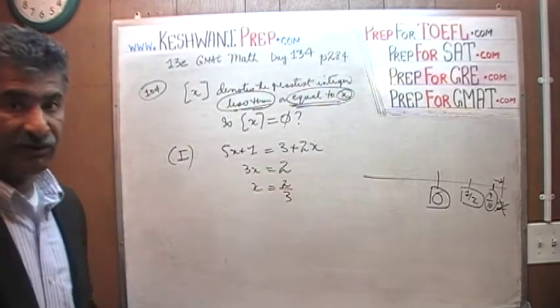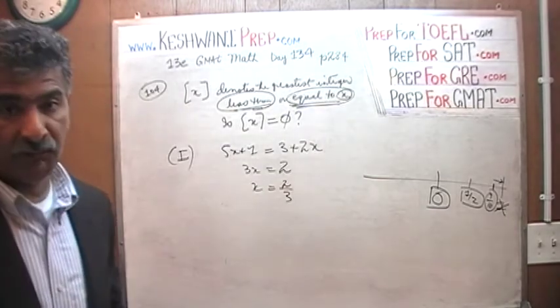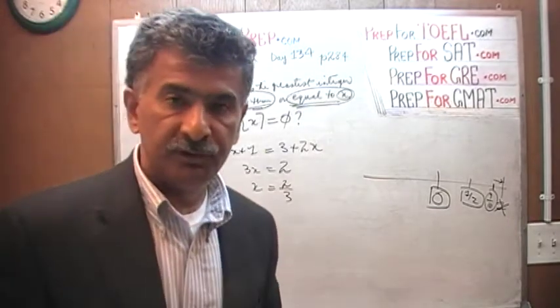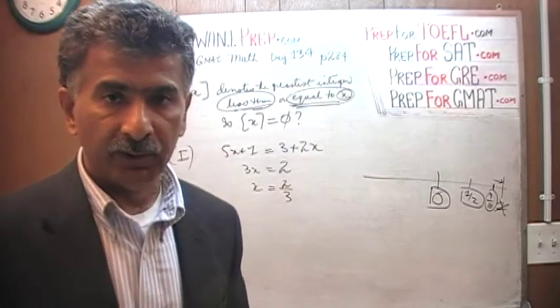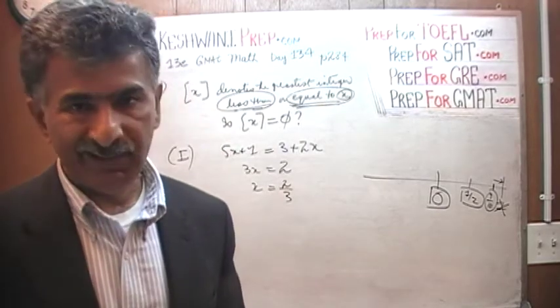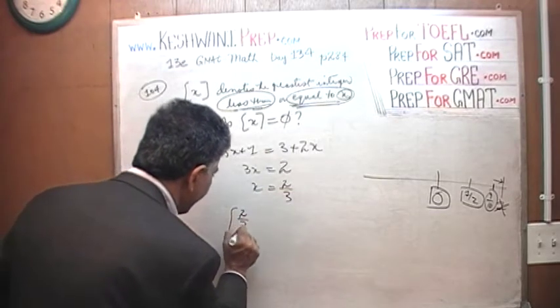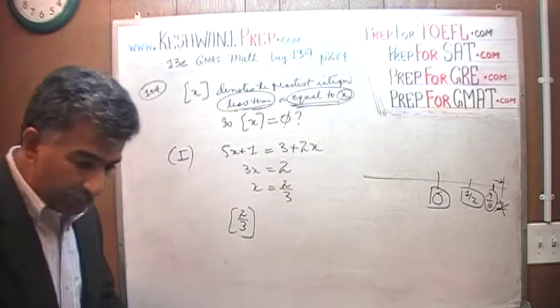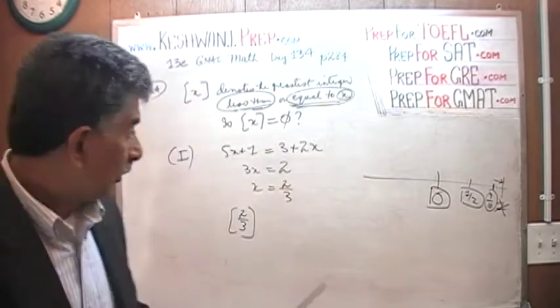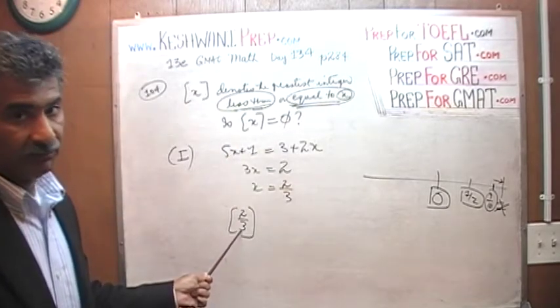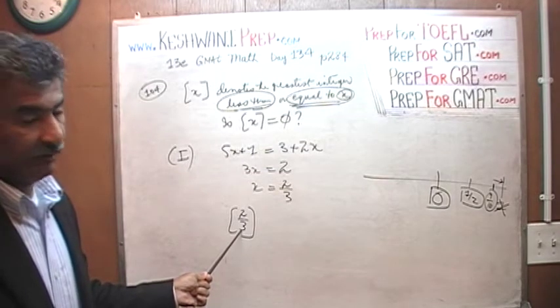Again, people in their haste might think, well, the closest integer that we find to 2/3 is 1. Yes, that is true, but that is not what the question is asking. The question is asking us, what is the greatest integer that we can find that is either equal to or less than 2/3? Obviously it's not going to be equal to 2/3 because 2/3 is not an integer.